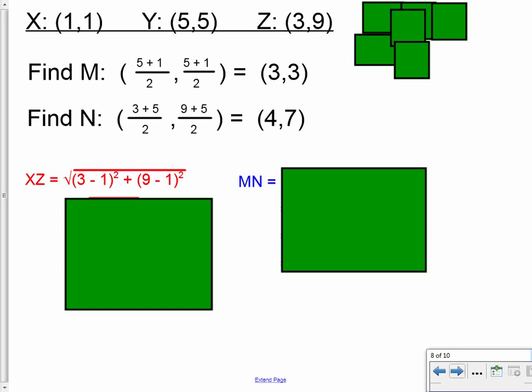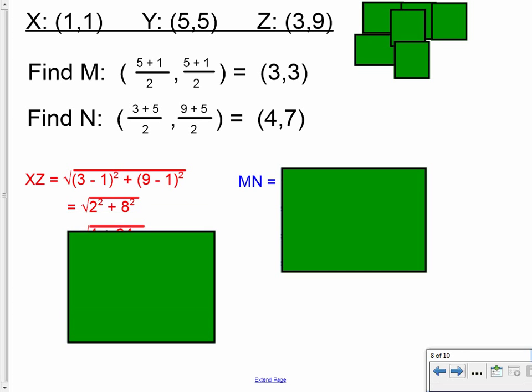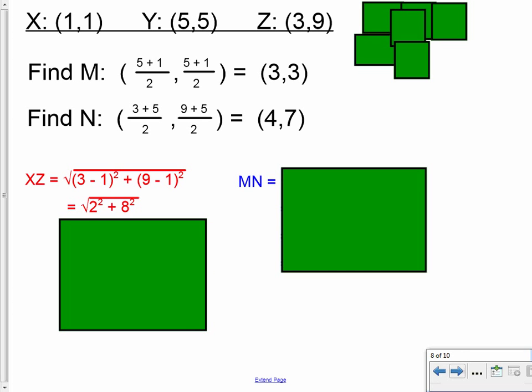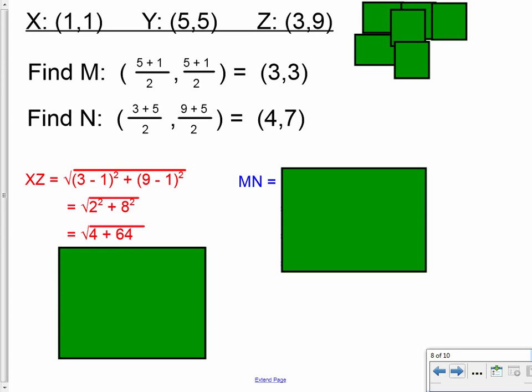So the distance of X to Z is going to be the square root of everything, the quantity 3 minus 1 squared plus the quantity 9 minus 1 squared. 3 minus 1 is 2, so we'd have 2 squared, plus 9 minus 1 is 8, so 8 squared. 2 squared is 4, 8 squared is 64.